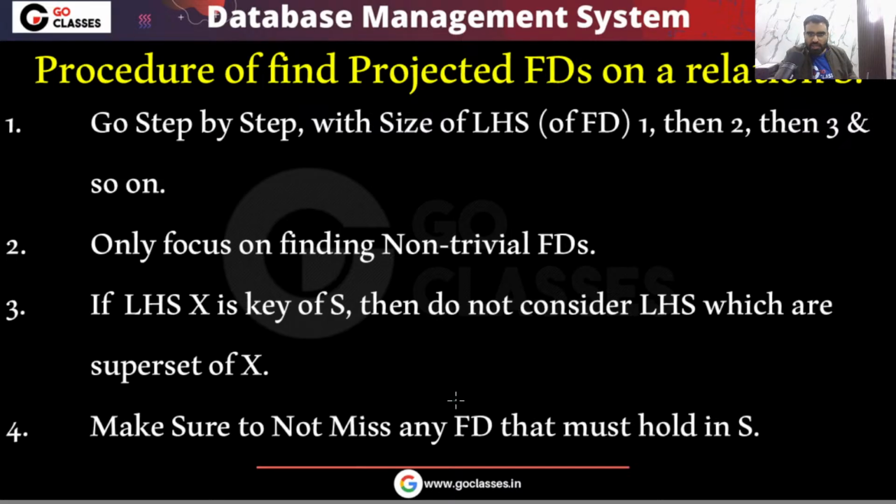Next, make sure that you don't miss any functional dependency that must hold in the relation S.